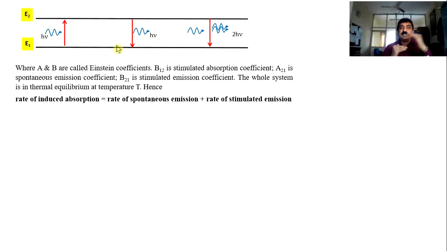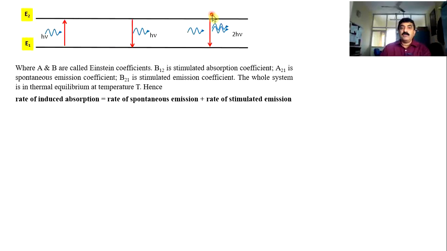It depends on the energy levels. For example, in the hydrogen atom we get the Lyman series, Balmer series, Paschen, Brackett, Pfund, etc. These are all like this only. So it goes there, spends time, will come down, maximum 10 power minus 8 second. And for coming down, nobody's influence is required. That is called spontaneous emission.